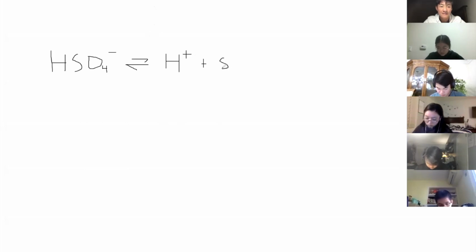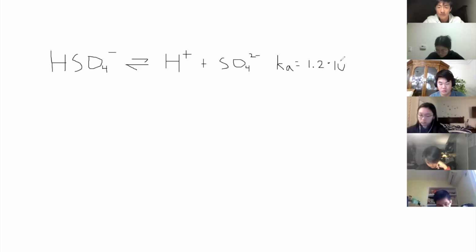So this is HSO4 acting as an acid. And then we also have a Ka value for this one, which can be obtained from a Ka chart. The Ka value of this reaction is 1.2 times 10 to the negative 2, which can be obtained from a chart that will be provided on the AP exam.